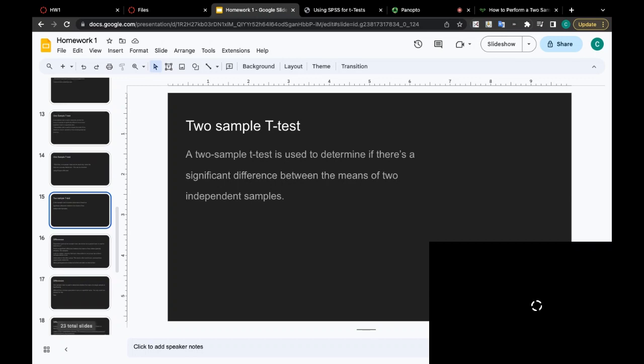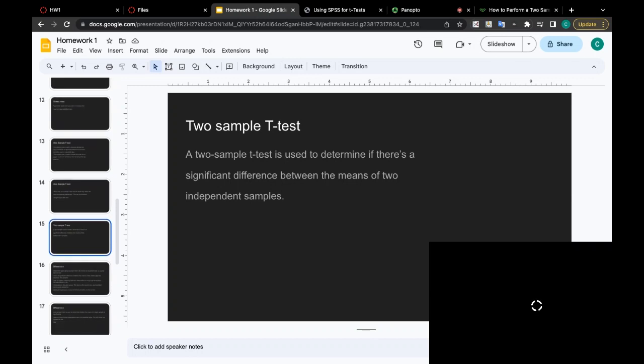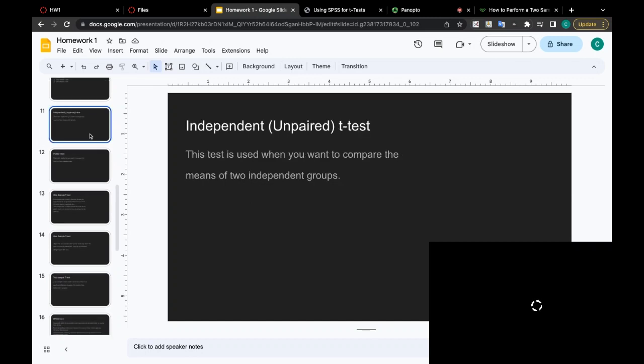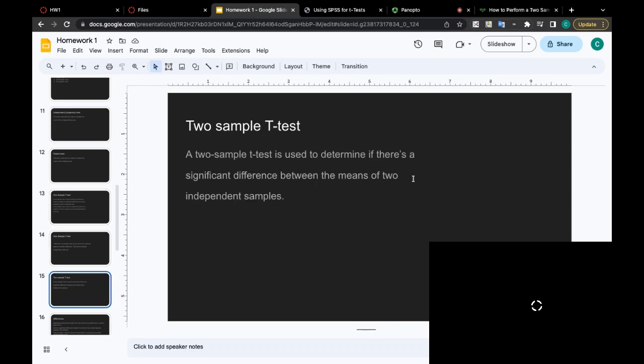Let's go back up real quick. We're comparing the means. In the SPSS software, it's going to perform roughly the same.